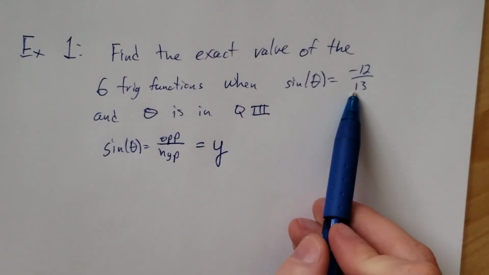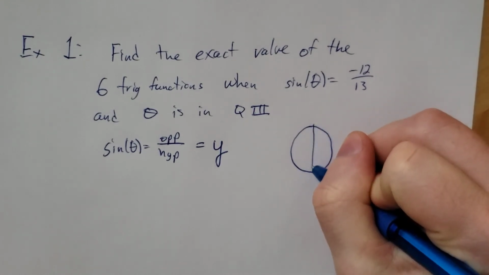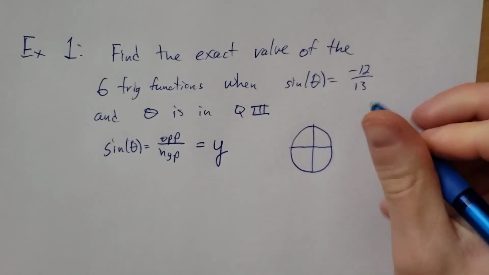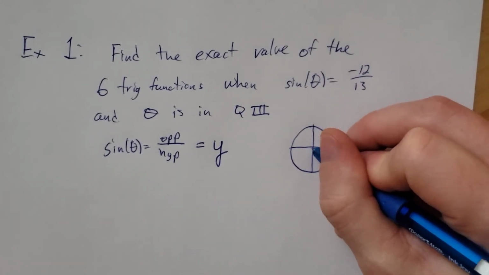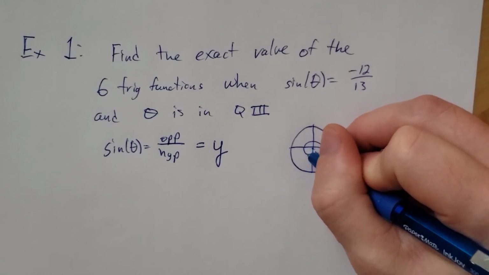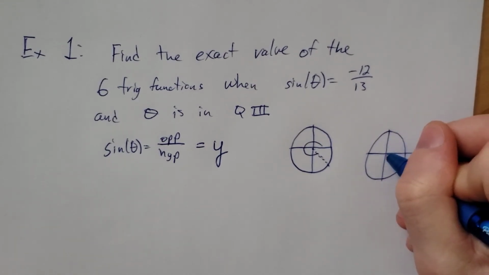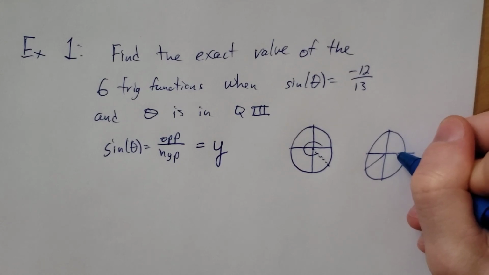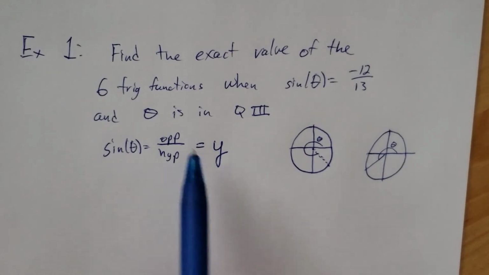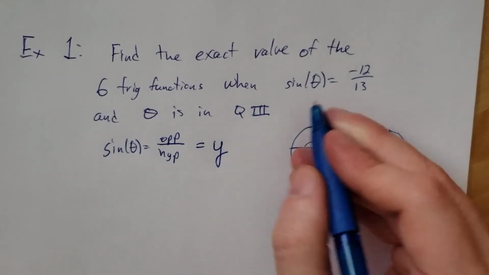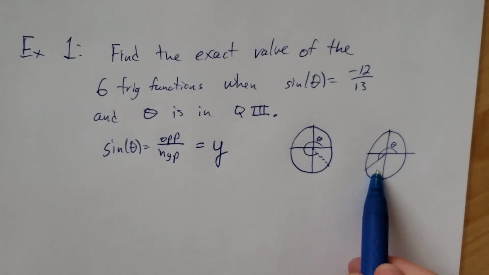Sine here is negative, so notice that if sine is negative, sine is the y value, that means we either have an angle here, so theta would be this angle, or we have an angle somewhere over here where theta is this angle. Our problem states that it's in quadrant 3. So that would be this picture over here.